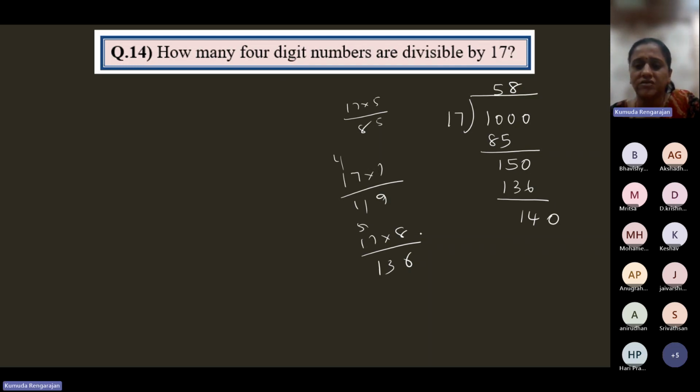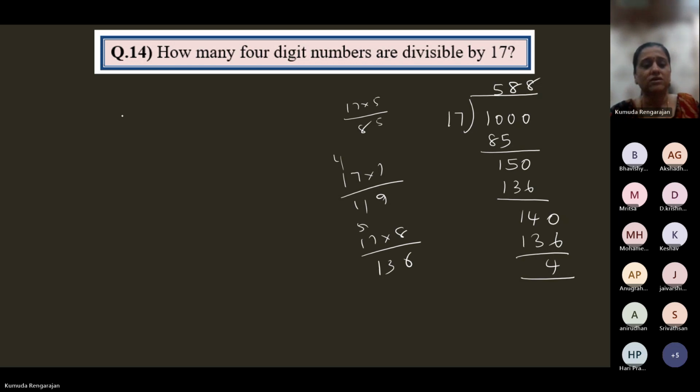Again 17 8 times 136. 4 is a remainder. So when you divide 1000 by 17, 4 is a remainder.